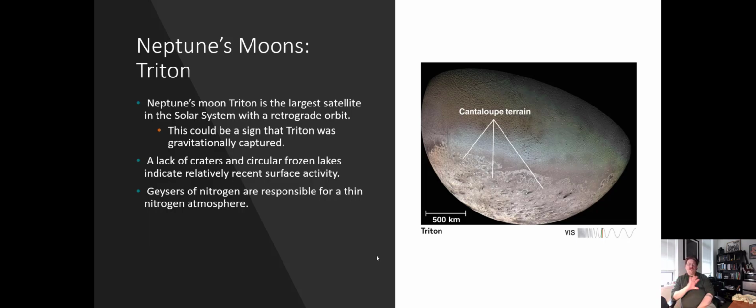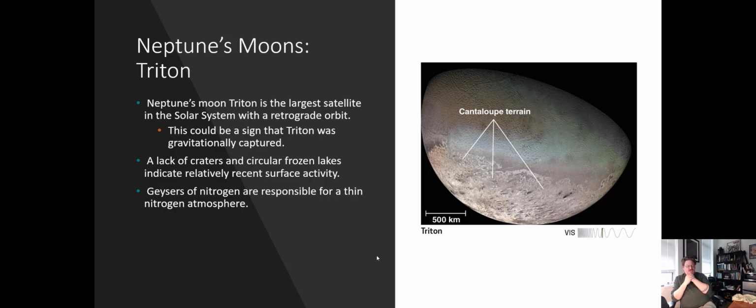But there's also this cantaloupe sort of terrain, and very much like a lot of the moons that I've discussed, we believe that there is a significant liquid ocean beneath it. In this case, it's not water, it's actually nitrogen.